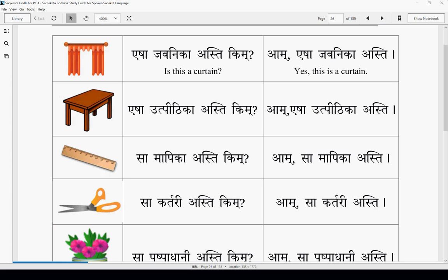Okay, so who wants to read this? I'll try. Yes, good. First one. "Esha javanika asti kim?" I should know this by now. This is pathetic.